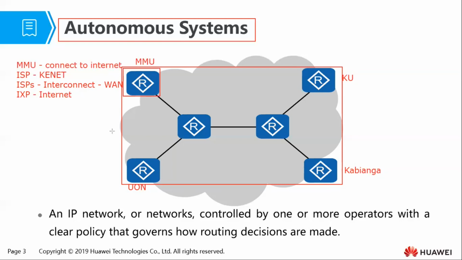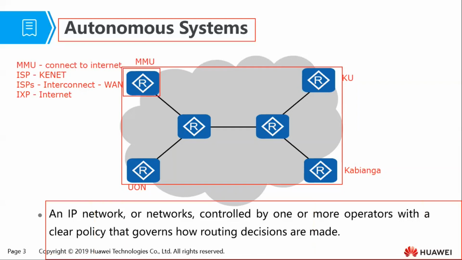Now, generally, an autonomous system can be thought of as an ISP or a group of ISPs, also known as network providers. So, for example, Safaricom can be thought of as an ISP or a network provider. Now, why do we define an autonomous system?